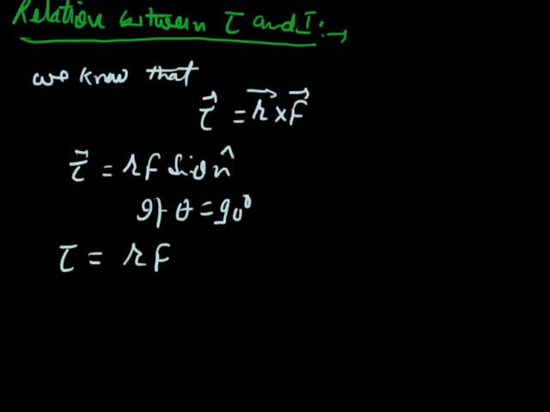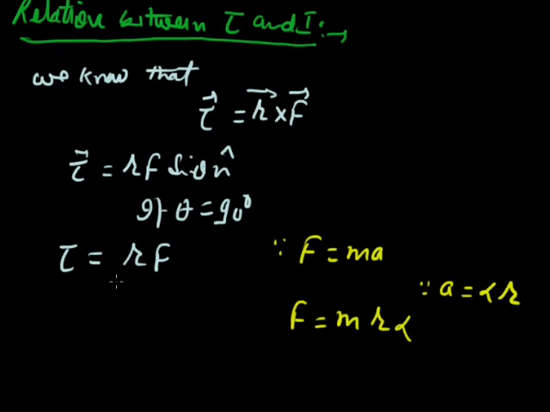Because f is ma, or we can also write here at the place of a, alpha and r, so f will be m r alpha.